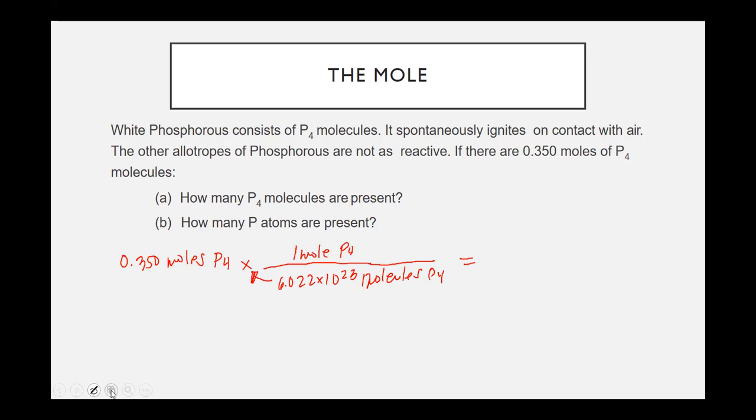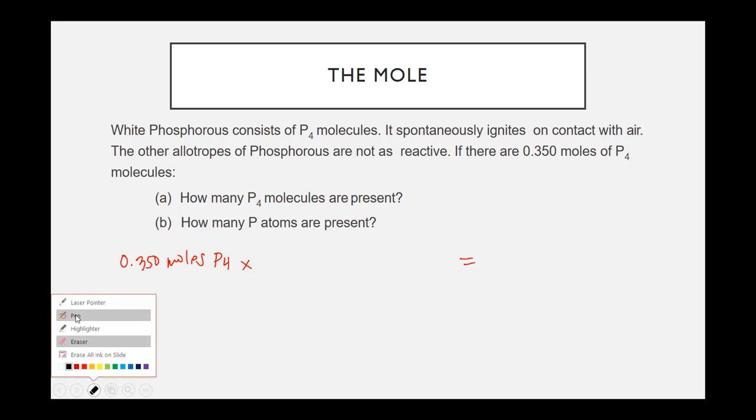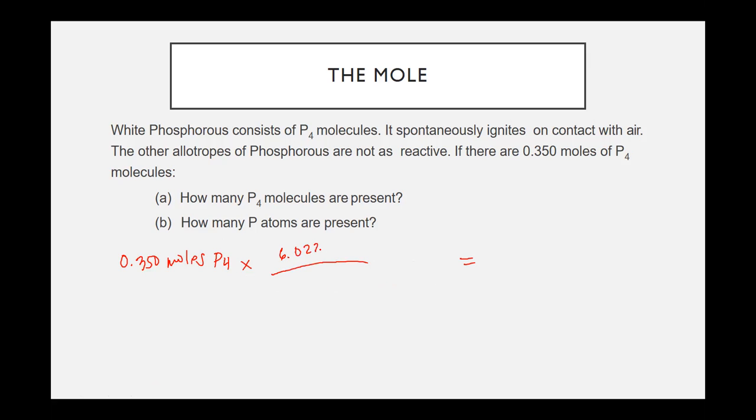So for every 1 mole, meron tayong 6.022 times 10 raised to 23 molecules over 1 mole.